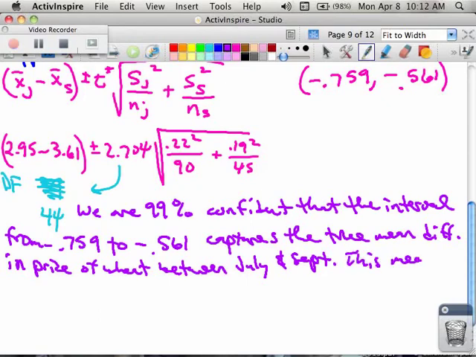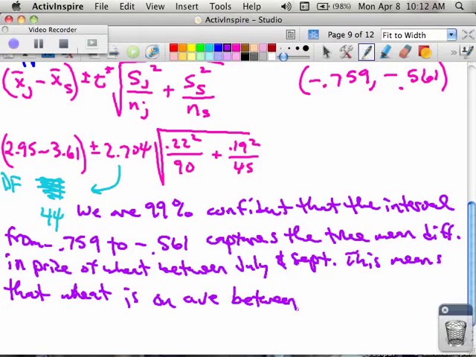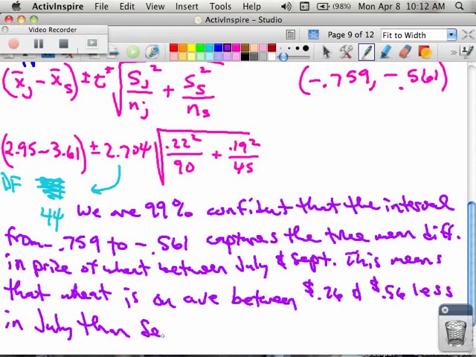This means that wheat is on average between 76 cents and 56 cents less in July than September.